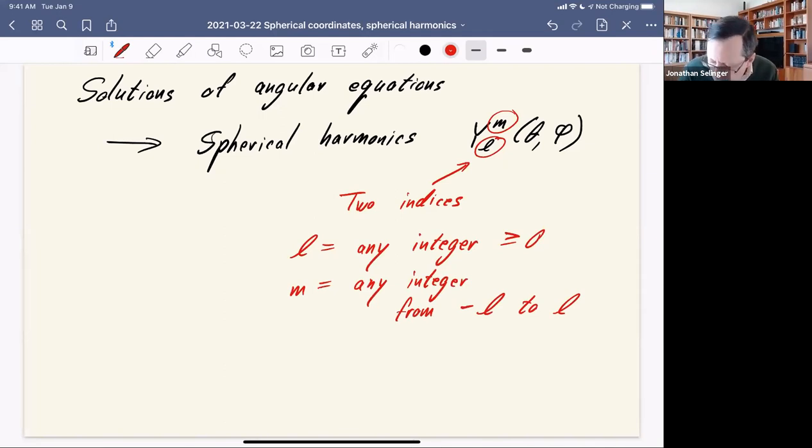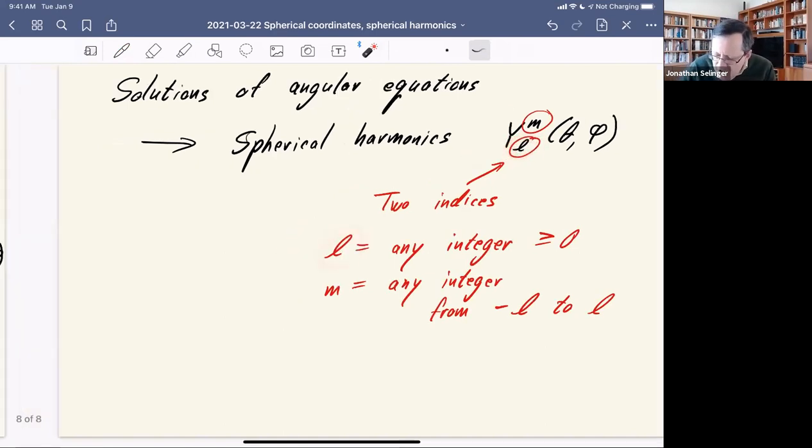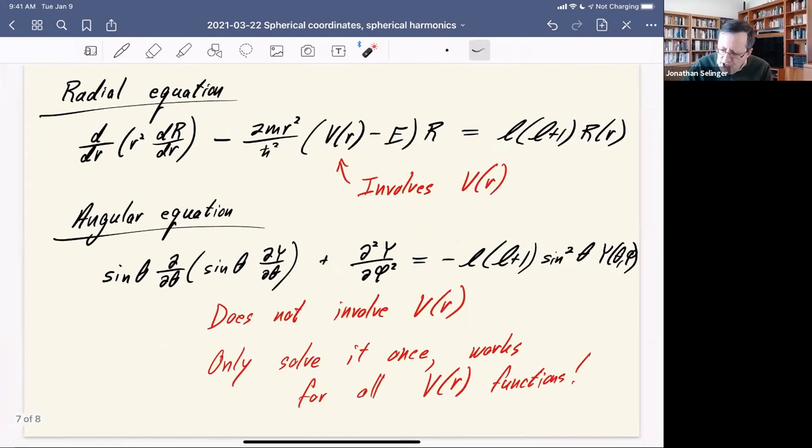Okay, so you'll notice the L here has to match this L over here, the L that goes in the L times L plus 1. This is one reason why I wrote the constant in this funny way, with L times L plus 1.